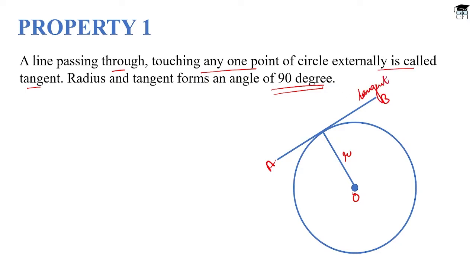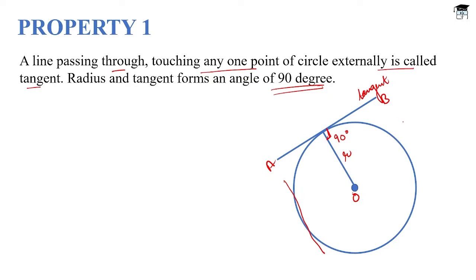You know that, right? So the first property says that a line touching one point of the circle externally is called a tangent. We know what a tangent is. And the radius and tangent form a 90-degree angle. So a tangent can be drawn here, or here.